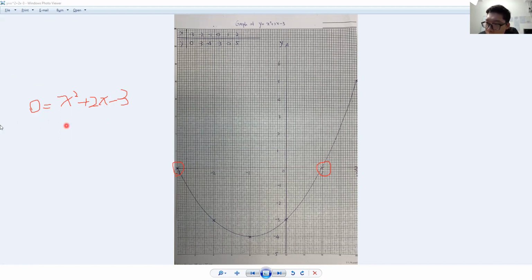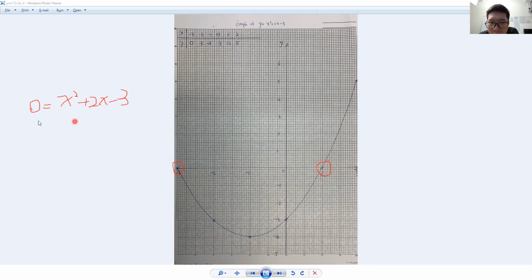So what does this mean? It means when my curve has a y value of 0, on this line, which is the x-intercept, we find 1 point, 2 points. It means these x readings will fulfill this equation of y equals 0.